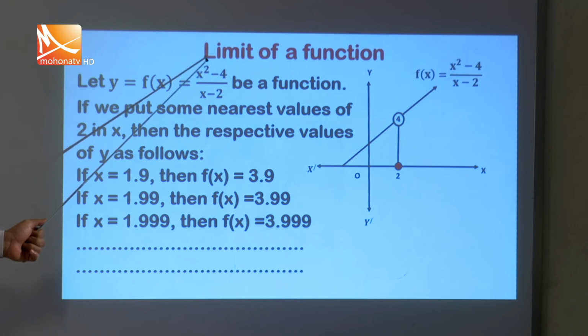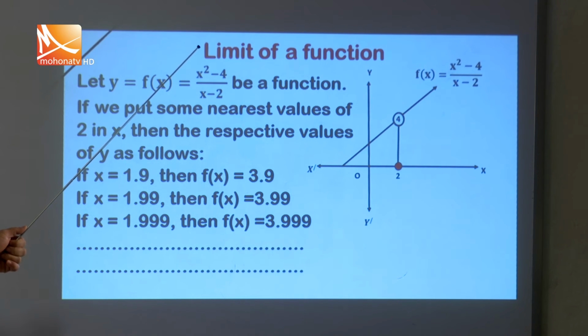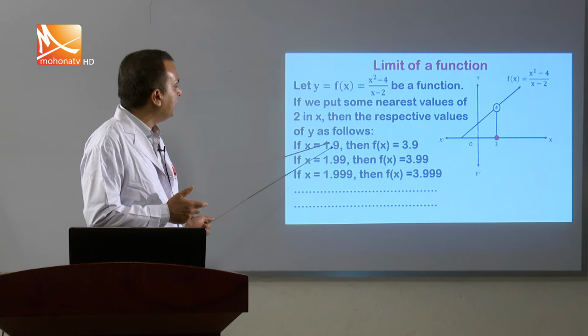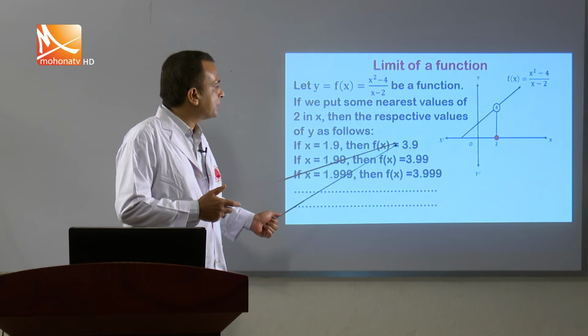So we can say that this function is defined when x is greater than 2 or x is less than 2. That is why we are putting some values near 2 in x, that is, some values of x less than 2 or x greater than 2. Then the respective values of y are as follows: if x is 1.9, then f(x) is 3.9.